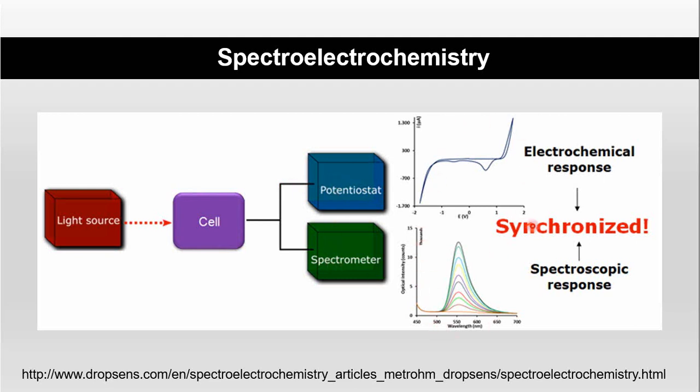So you are noting both responses simultaneously, that is the electrochemical response and the synchronized spectroscopic response, and all of this is termed spectroelectrochemistry, in which if you are applying a step potential, then you are looking at chronoabsorptometry.